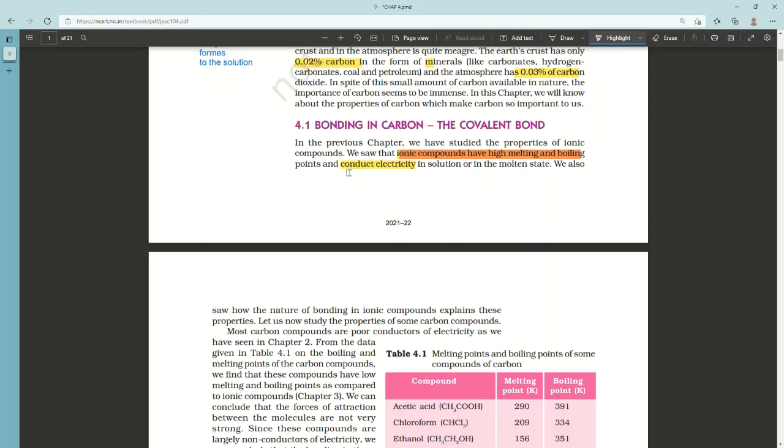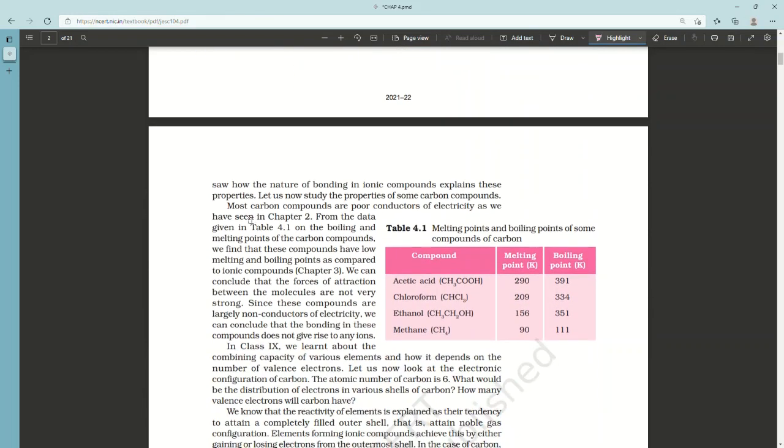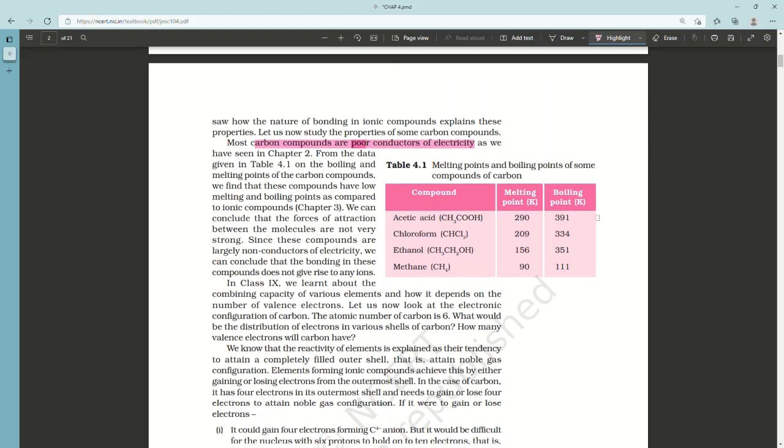Let us now study the properties of some carbon compounds. Most carbon compounds are poor conductors of electricity, as we have seen in chapter 2. From the data given in table 4.1 on the boiling and melting points of the carbon compounds, we find that these compounds have low melting and boiling points as compared.